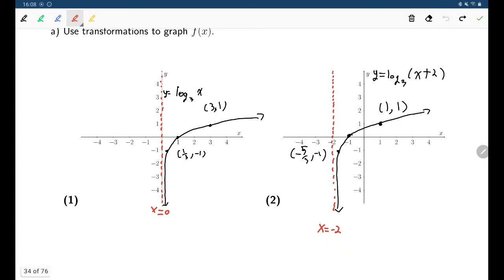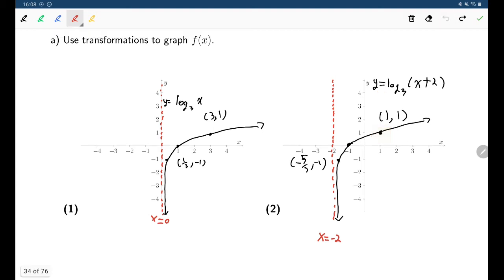So our vertical asymptote will still be x equals negative 2. Also, the point that's on the x-axis, the y-coordinate is 0, so when we stretch it, it'll still stay on the x-axis. But this first point, 1, 1, will move up to 1, 4, and the other point, negative 5/3, negative 1, will move down to negative 5/3, negative 4.